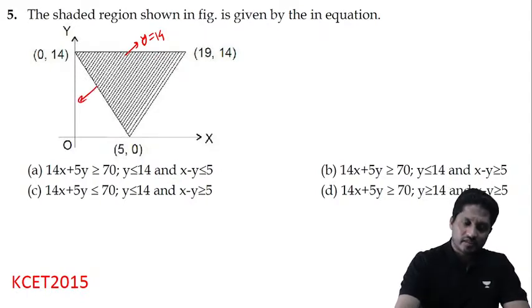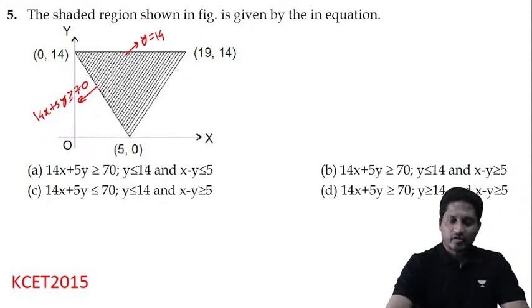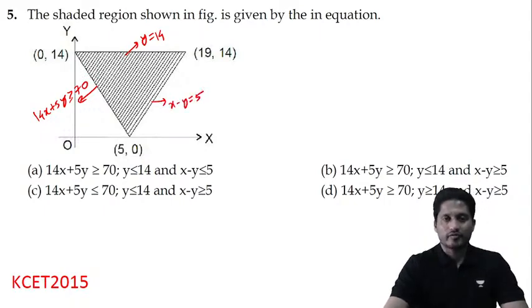So this equation is 14x plus 5y greater than or equal to 70. You can take the corner point, substitute whether it will satisfy that. Either use the 2-point form, or take this line, substitute, this line is x equals 5 only.